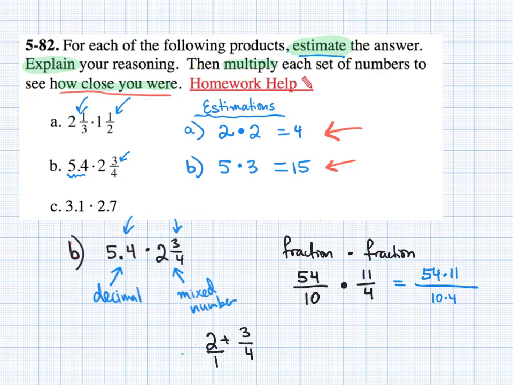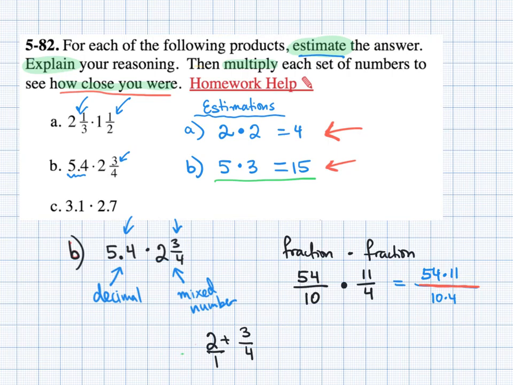So whichever way you prefer, I can help you with either. So pause the video and finish letter B on your own. Remember, this at the end becomes division, or you could change it to a mixed number. In any case, our answer again has to be close to our estimate. So that's how we know if we're doing it right.